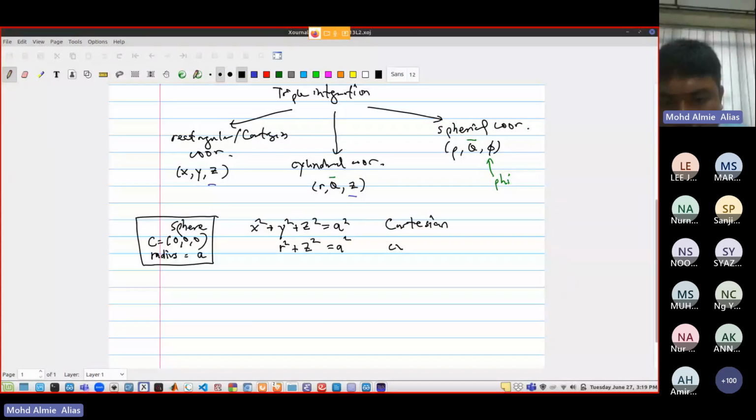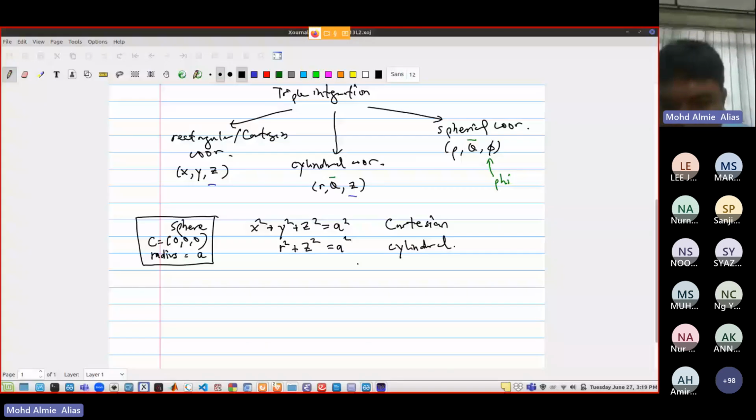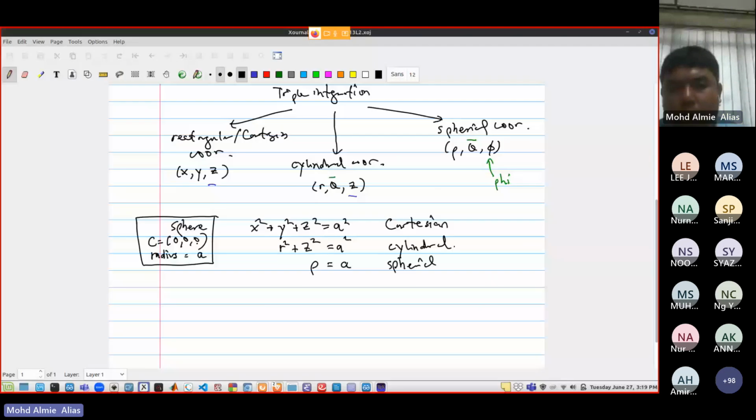As I said, cylindrical coordinates are the extension of polar coordinates to 3 dimensions. Okay, and then for spherical coordinates, we just use rho equals a to describe a sphere with center 0, 0, 0 and radius a.